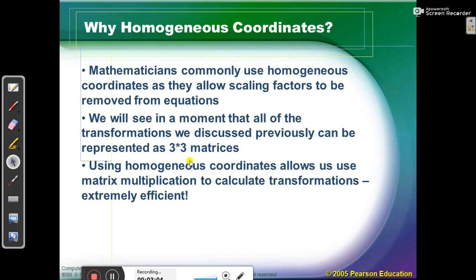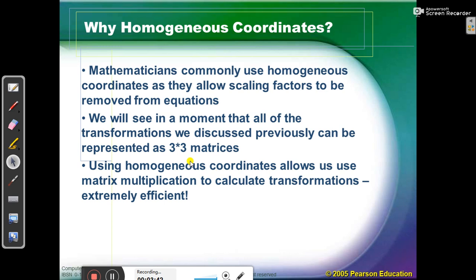So why homogeneous coordinates? We know that we can do the basic transformations of 2D coordinates in a generic way also. Then why do we need homogeneous coordinates? Mathematicians commonly use them as they allow scaling factors to be removed from the equation. We will see in a moment that all of the transformations we discussed previously, translation, scaling, and rotation, can be represented as a 3 by 3 matrix.